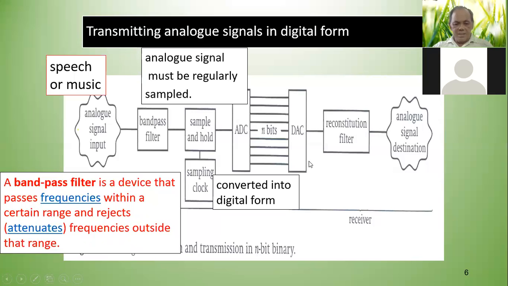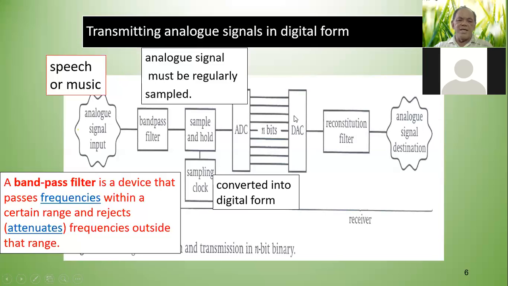Then we have to convert it from analog to digital. Read the voltage of the graph. You sample it. So the sampling clock is the one that determines how fast we send the reading to the analog to digital converter. So here it's converted to digital. If there are n bits, then we need n wires.